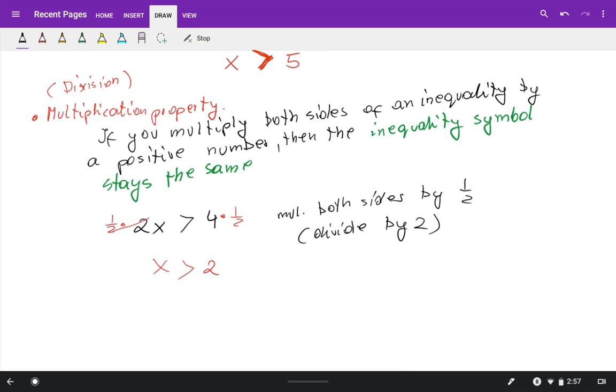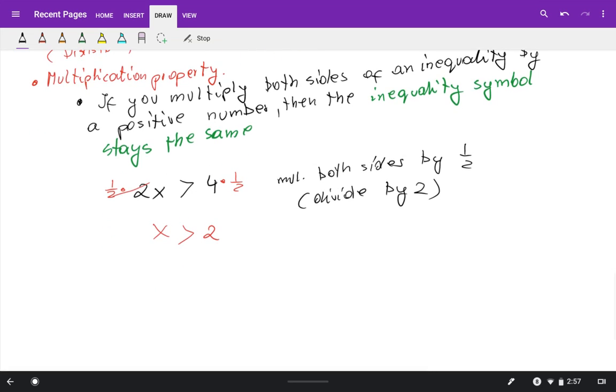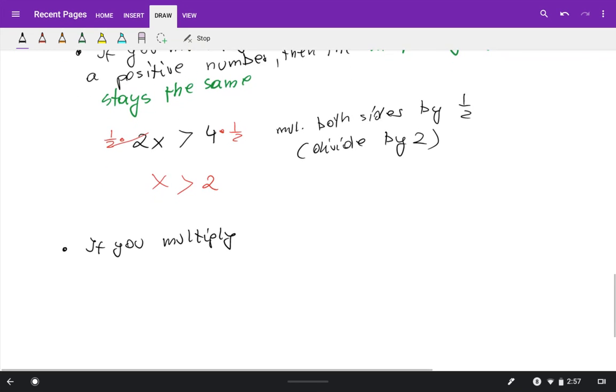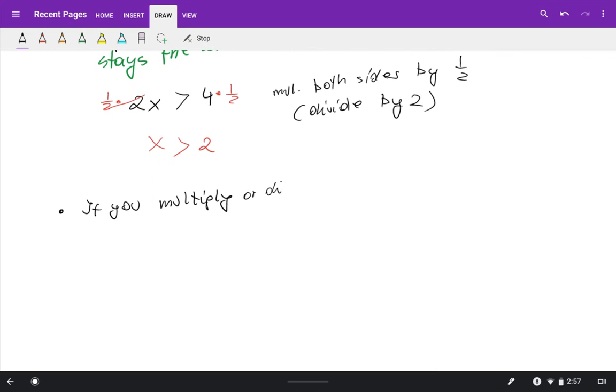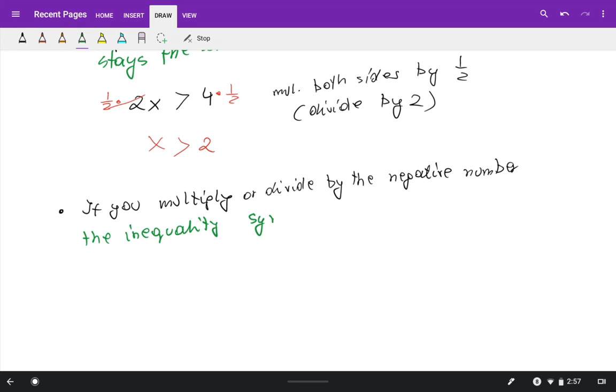However, if you multiply or divide by a negative number, the inequality symbol switches to the opposite.